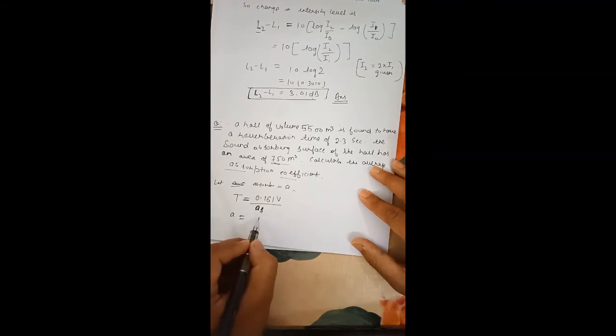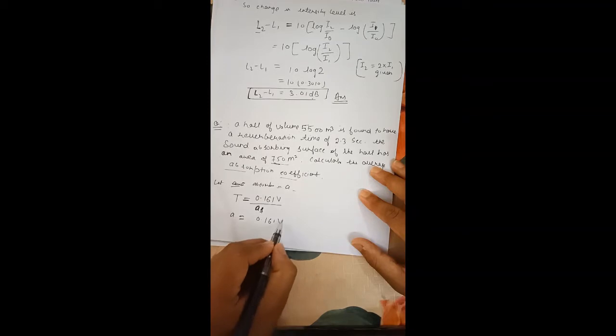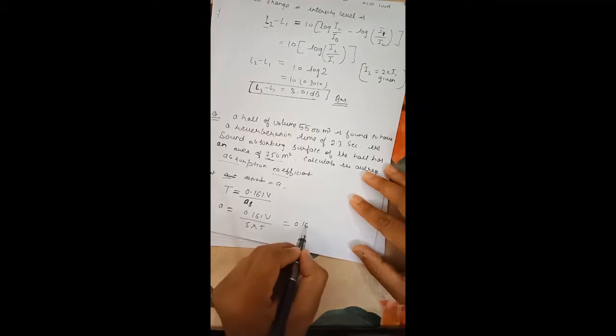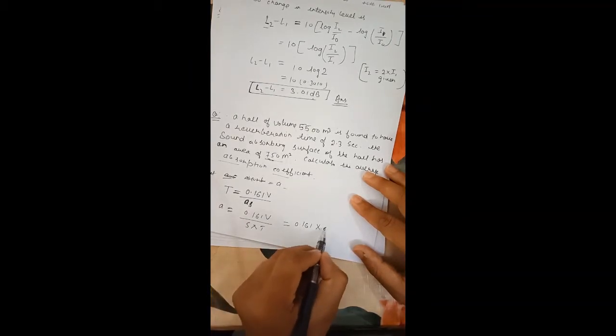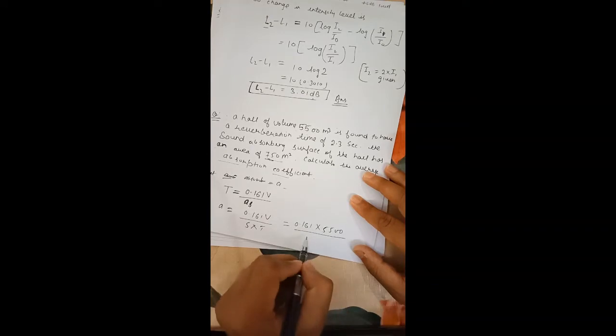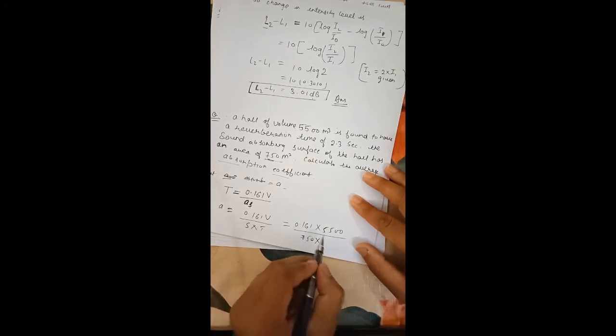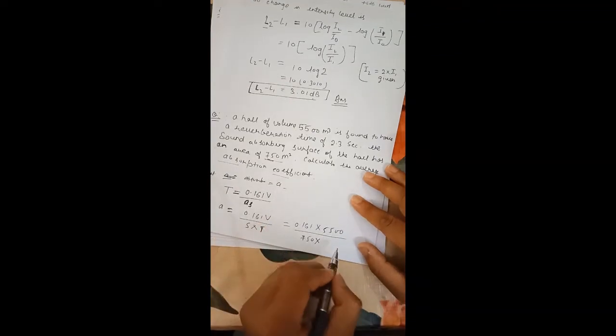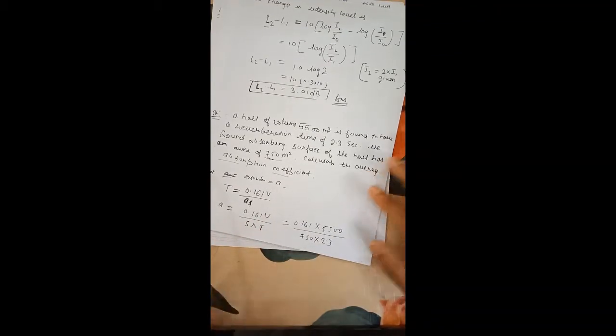A is equal to 0.161 V by T into S. Now we put the values: 0.161, volume is given 5500, area is given 750, and reverberation time is 2.3.